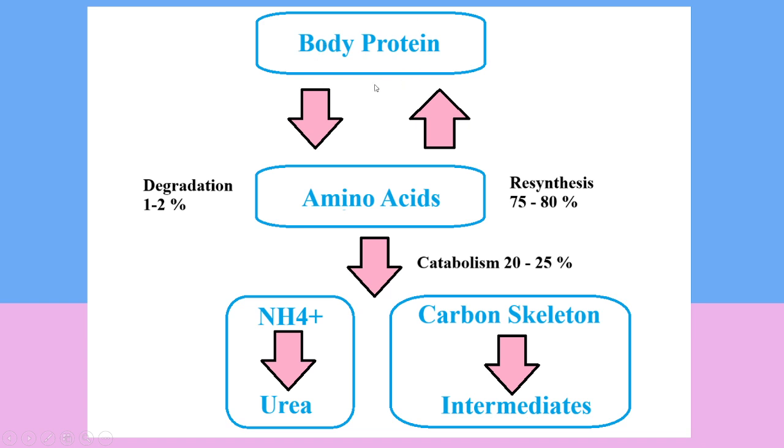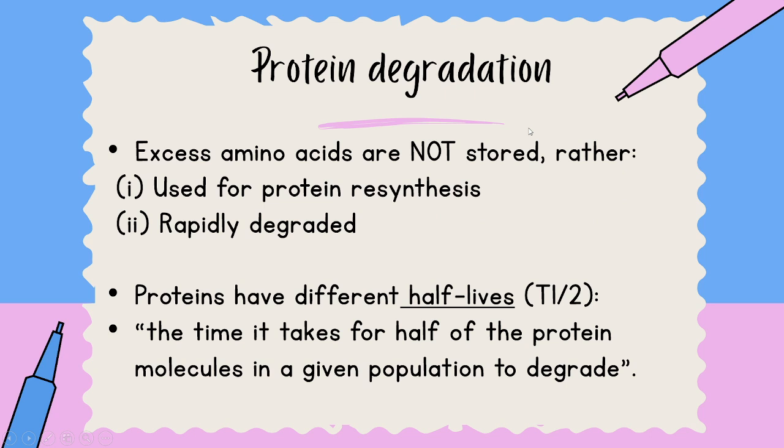So our body protein, particularly in normal adult, 1 to 2% will be degraded daily, and the carbon skeleton will be used as intermediates for synthesis of intermediates, the nitrogen of the amino acid will be used to form urea. 75 to 85% of the amino acid will be used for the synthesis of body protein.